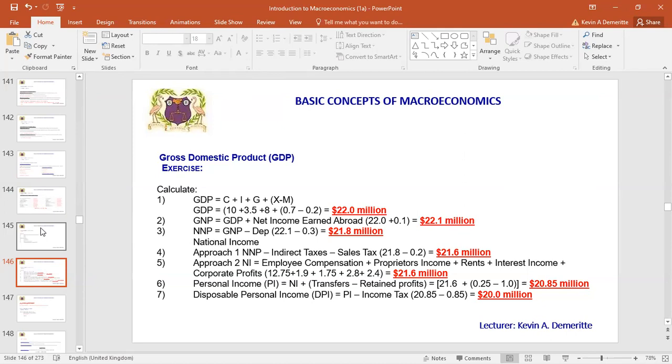Now, here's the thing, ladies and gentlemen. You would have noticed that each of these calculations depend on the previous calculation, which means if you got your calculation for GDP wrong in question 1, your calculation for GNP is going to be wrong, your calculation for NNP is going to be wrong, and your calculation for the first approach to national income is also going to be wrong, because they all depend on your previous answer.